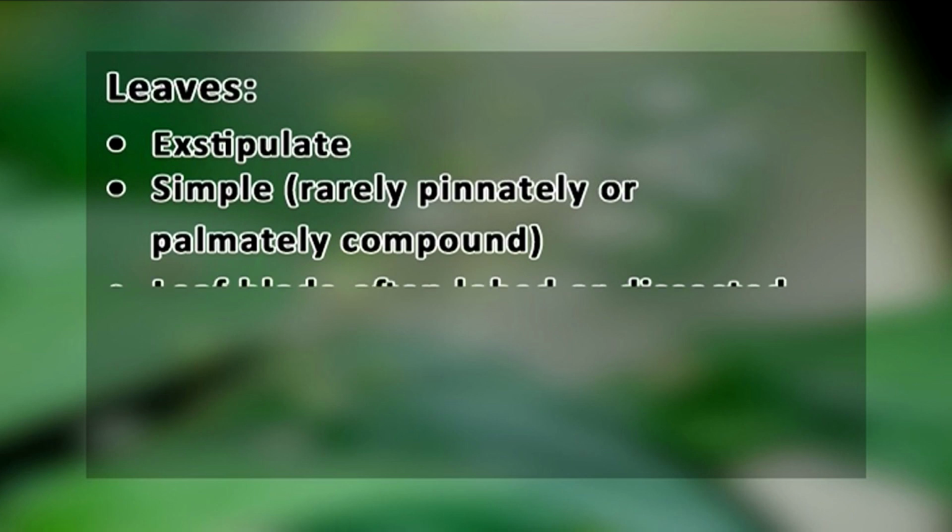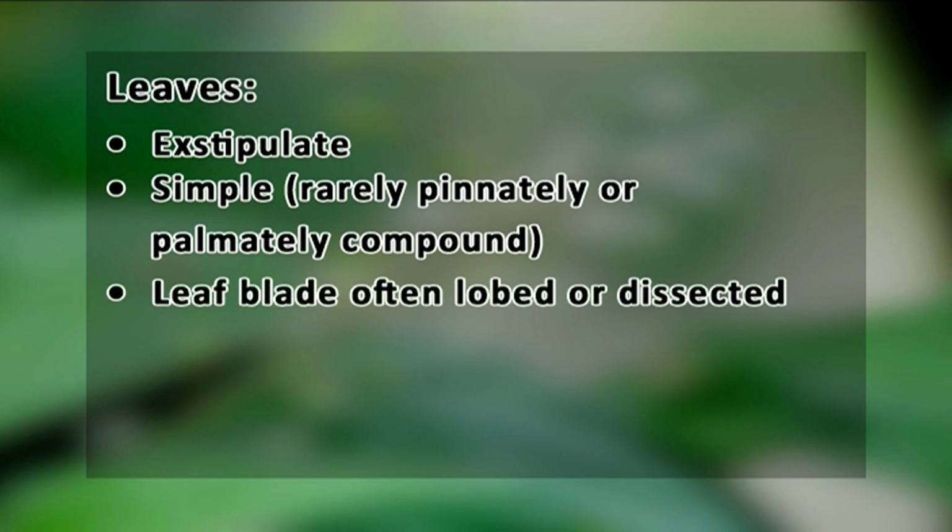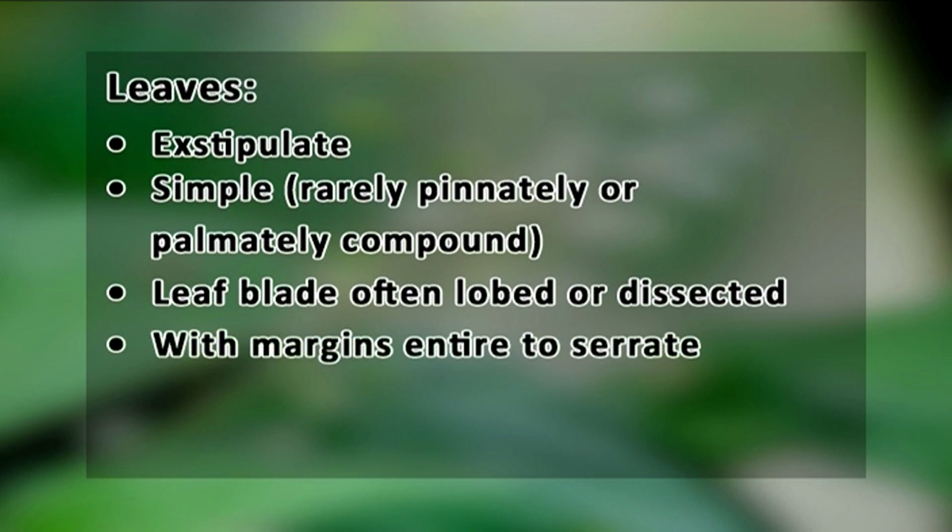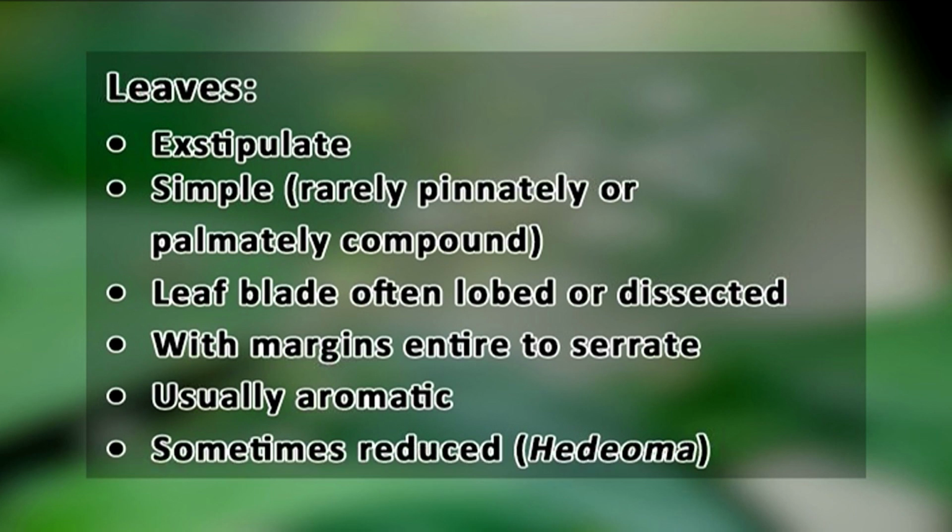The individual leaf blade is often lobed, or it can be even highly dissected. The leaf margins are entire to serrate. The leaves are usually aromatic and sometimes they can be even reduced. The example, as already mentioned, is Hyptis.